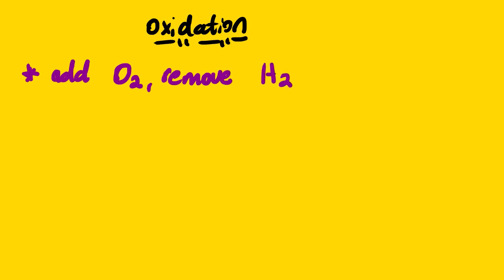So for now, what is important, you should know that tertiary alcohols don't undergo oxidation. There are important things that you should know about oxidation of alcohols. The basic mechanism of oxidation is that we add oxygens and remove hydrogen atoms.